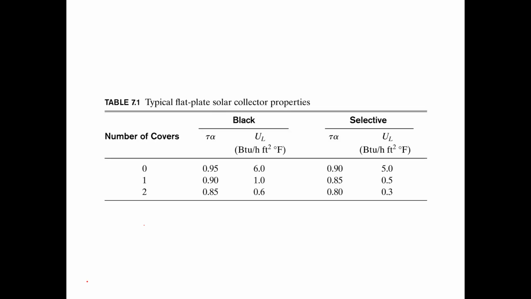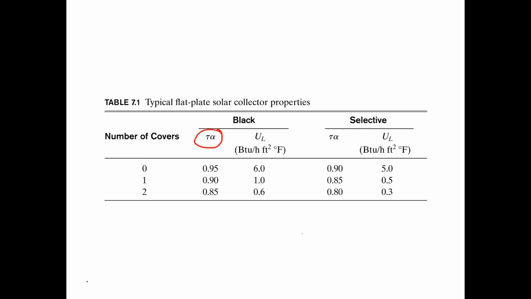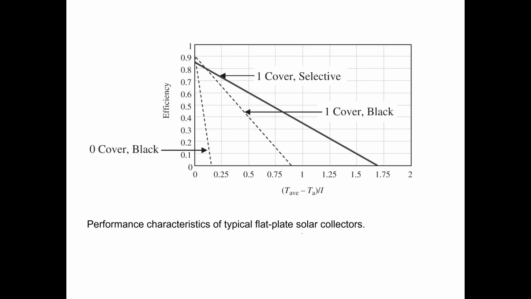Basically, the properties of different typical flat plate collectors categorize them. Again, the transmissivity times the absorptivity is part of the efficiency equation, as well as the conductance between the plate and the ambient air. You can see here this graph. On the y-axis, you have efficiency.